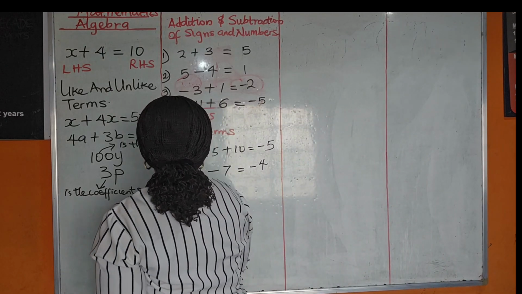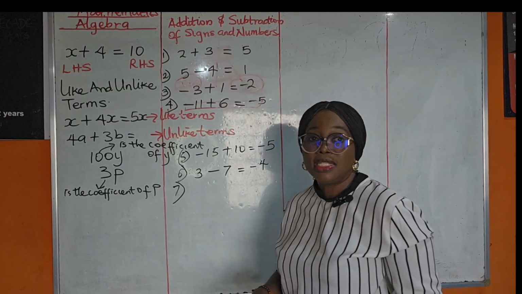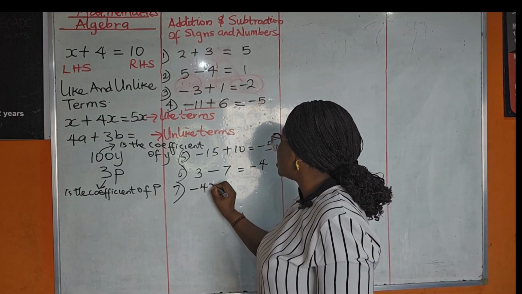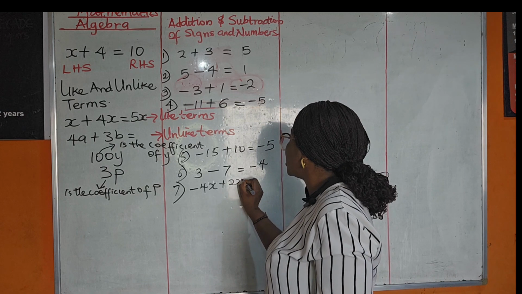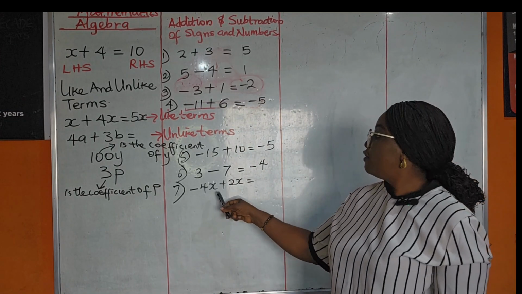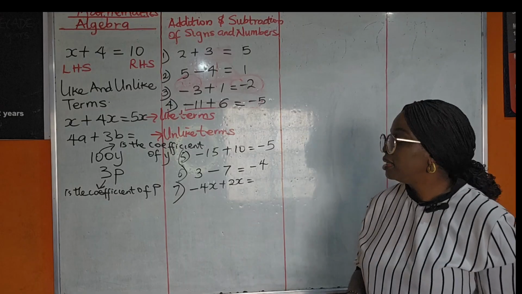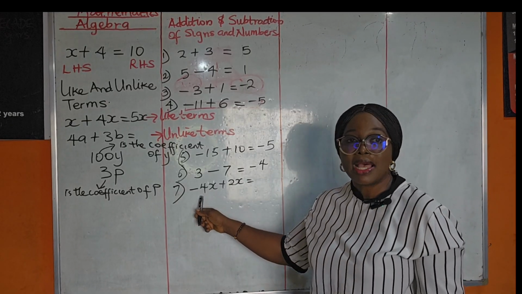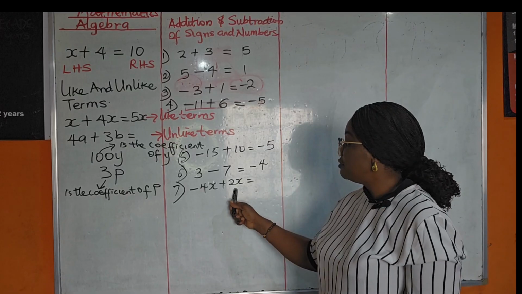One more example. Now we are going to infuse in letters. Now if you have something like this, minus 4x plus 2x. Can you see? A negative number is bigger than the positive number.